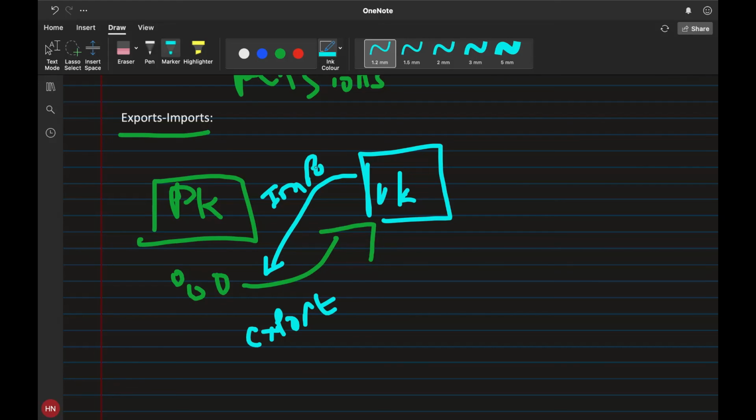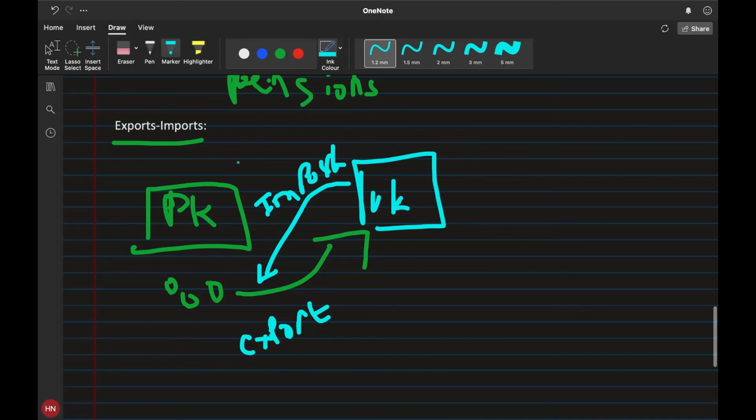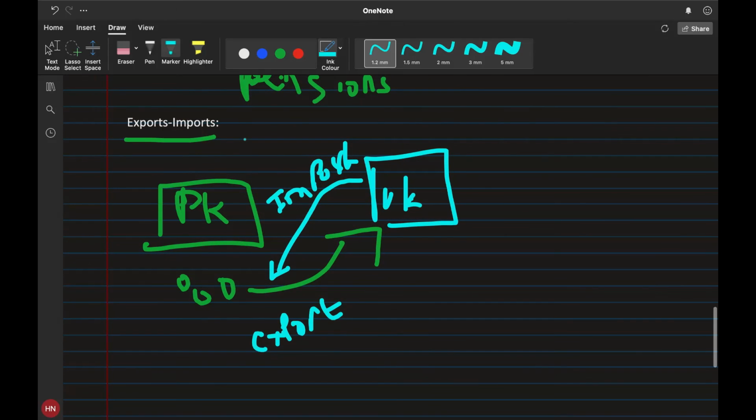So in aggregate demand, since we're looking at the goods and services produced in a given economy, we use the formula exports minus imports, so we can cancel out the imports from that part as well, right? And one important thing to notice is that changes in exchange rate affect exports and imports.